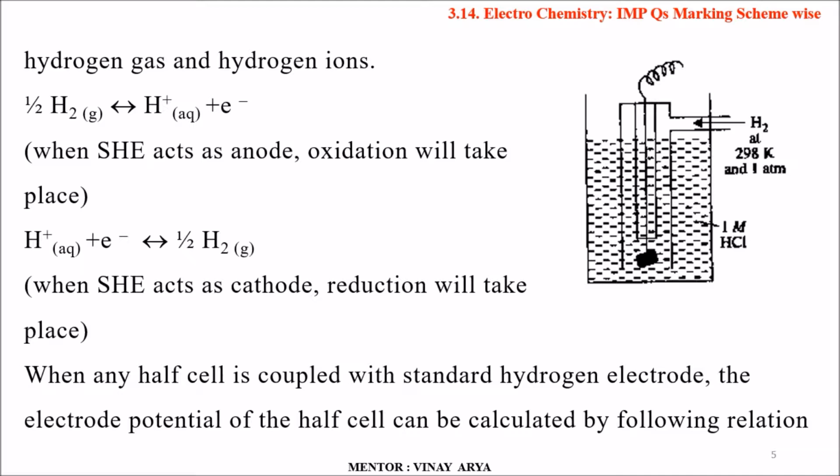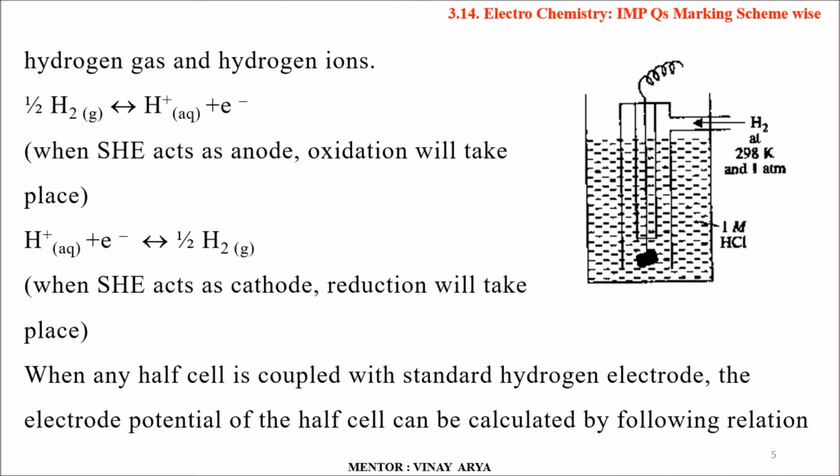When the standard hydrogen electrode acts as anode, oxidation will take place, that is H⁺ plus electron gives half H2. When the standard hydrogen electrode acts as cathode, reduction will take place. When any half cell is coupled with the standard hydrogen electrode, the electrode potential of the half cell can be calculated by the relation which we will see right now.